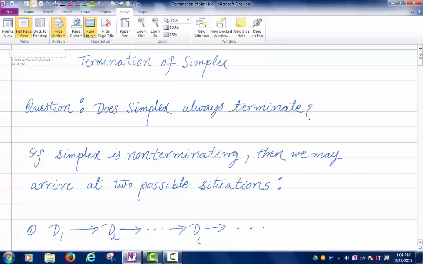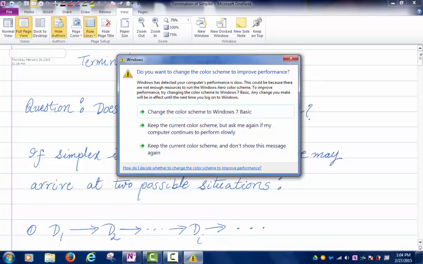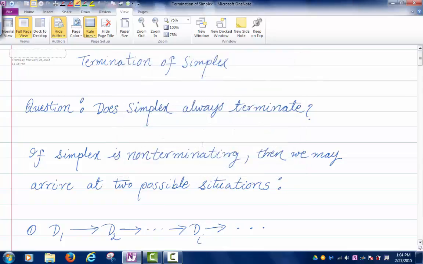And then we said, okay, what if you have a dictionary D, and then you apply the pivoting operation to obtain the new dictionary D prime?